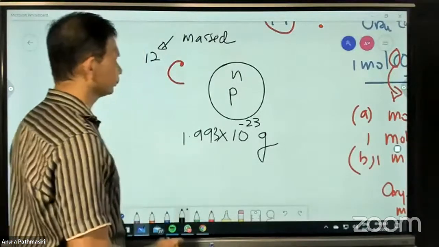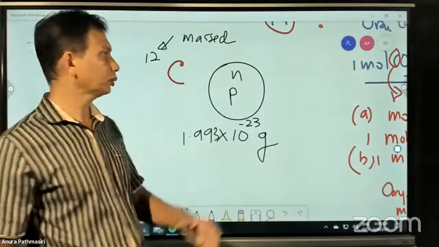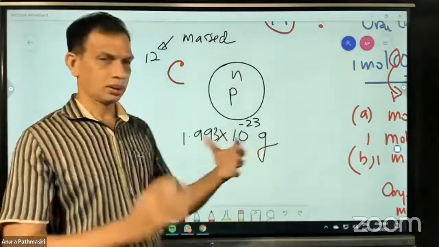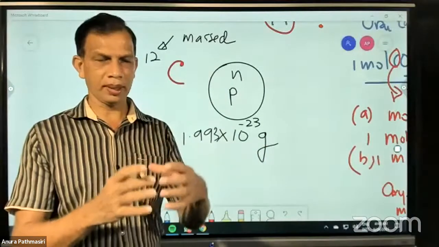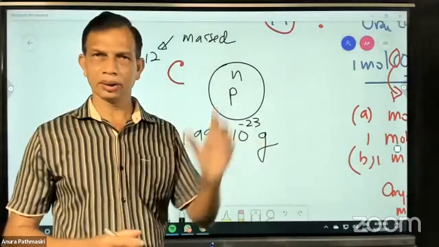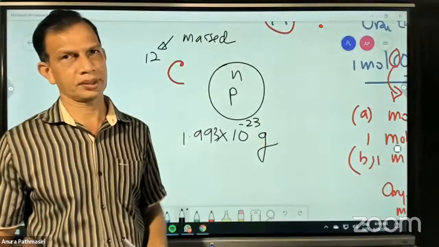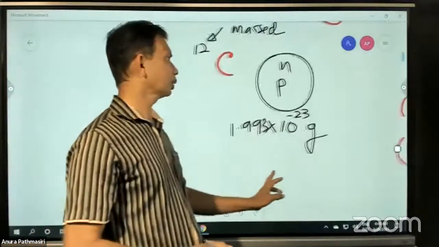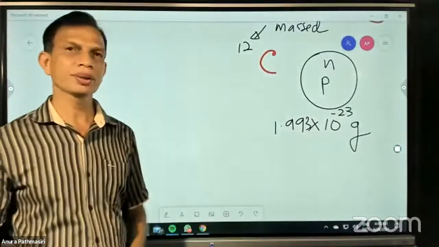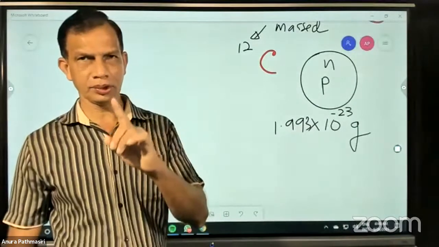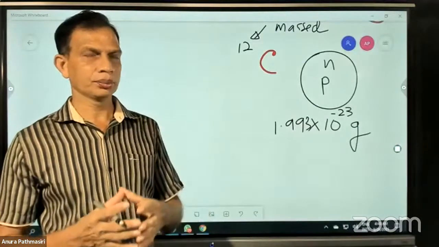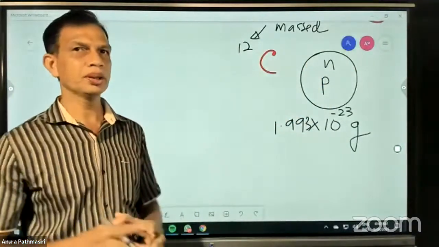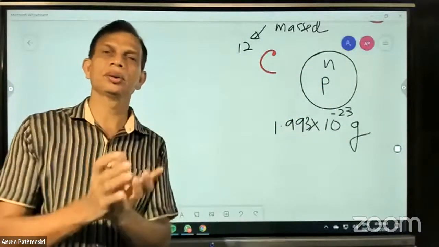Then he was trying to express the mass and the quantity or the amount of substance available. So he was trying to introduce the atomic mass unit, AMU, to express the mass of others using a standard unit.